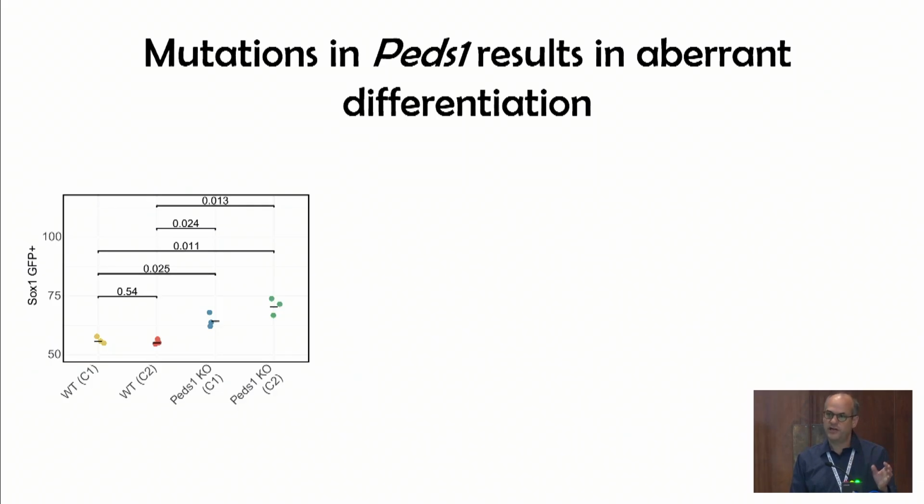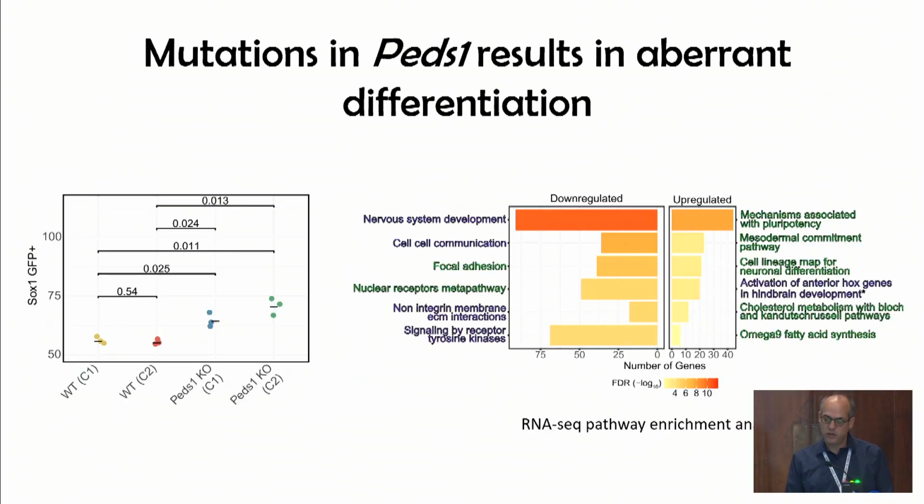But when we do RNA sequencing on those cells, it looks like the differentiation is more complicated than just accelerated differentiation. It looks abnormal. We see hundreds of genes that are differentially expressed. This is the pathway enrichment analysis.